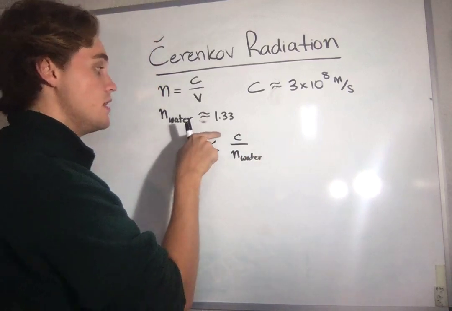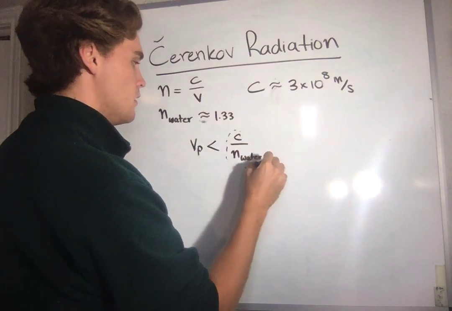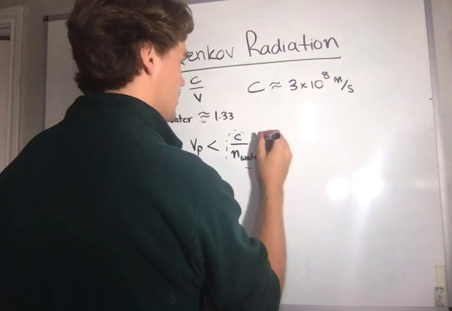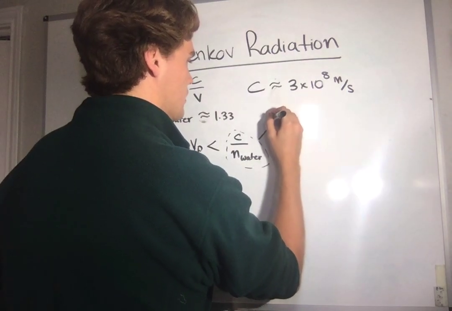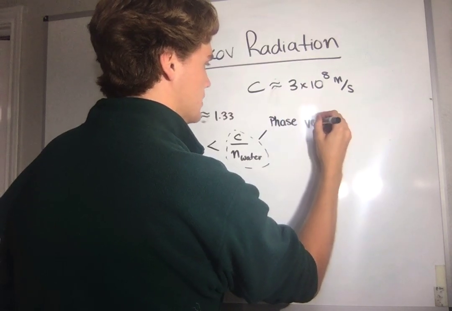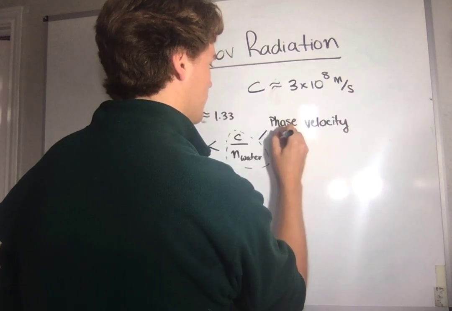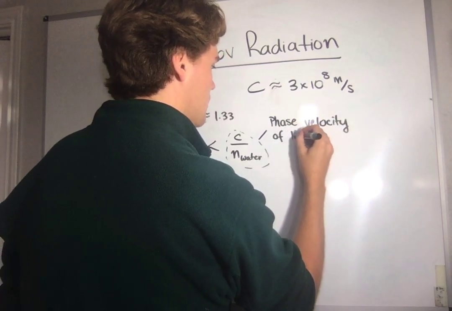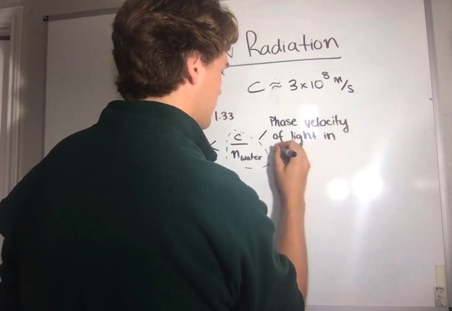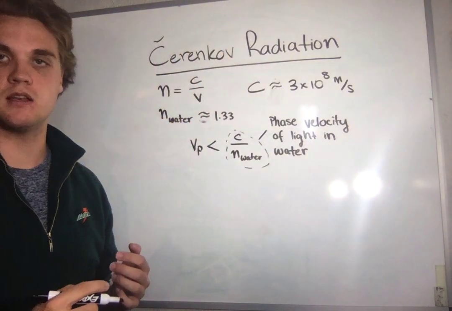That's greater than c over n of water, which you can think of as what's called the phase velocity of light in my medium. Phase velocity of light in water.